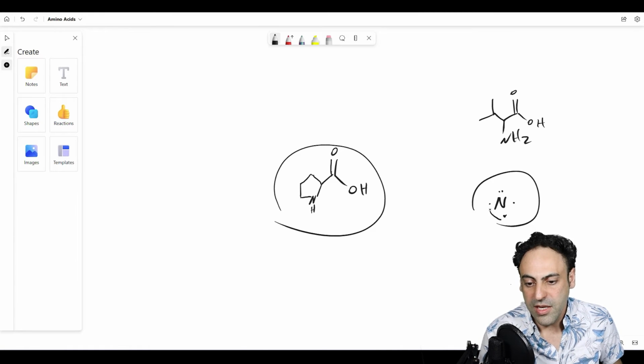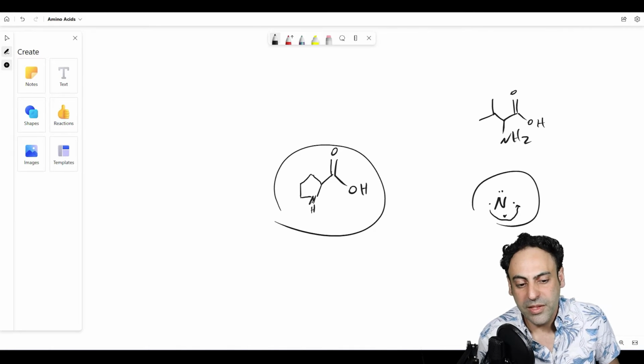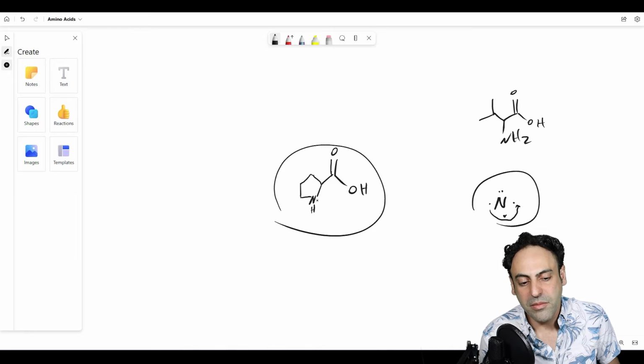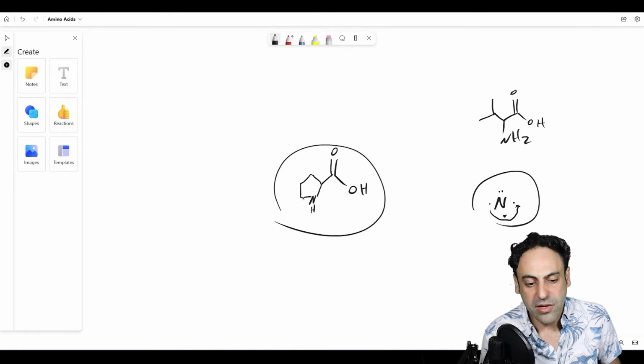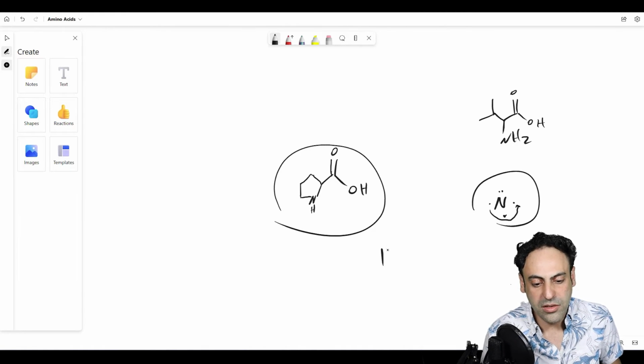So these three are the ones that make the bonds. Two of them are involved with the carbons here and here, and one of them is connected to the H.